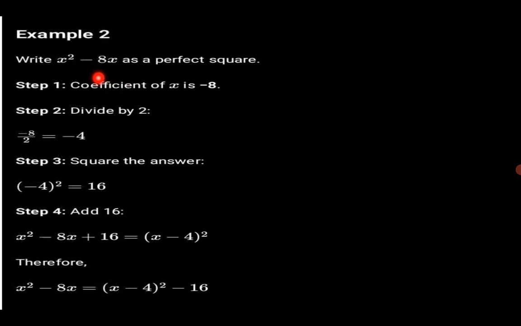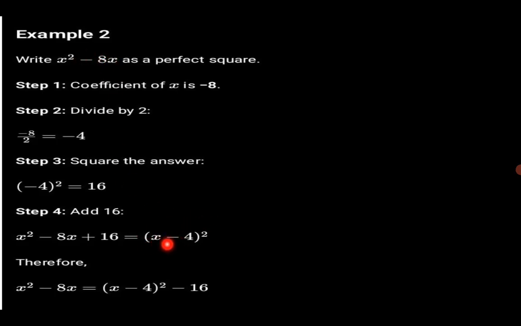Let's appreciate another example. Write x squared minus 8x as a perfect square. So the coefficient of x is minus 8. Divide it by 2, it will give you minus 4. Then square the answer, which gives you 16. Then add this to the given expression.